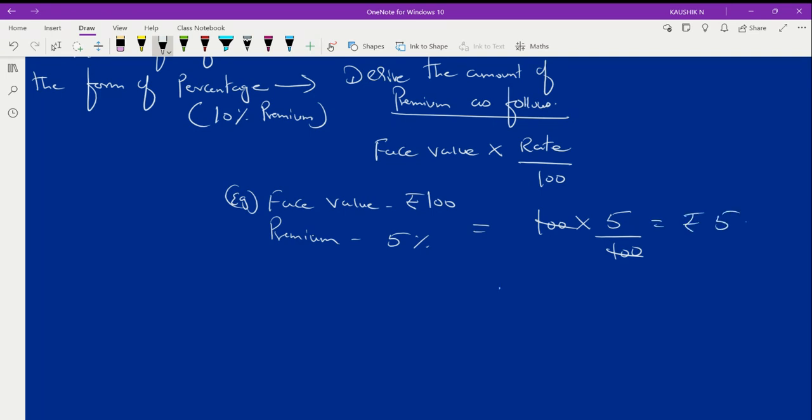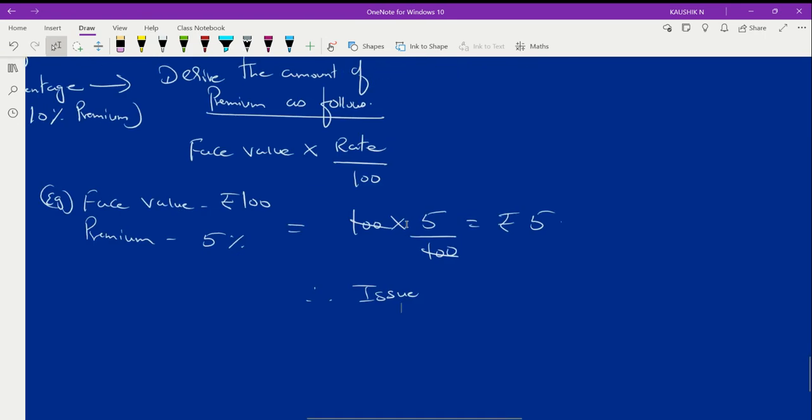So therefore, issue price, if you want to calculate, the issue price will be rupees 105.